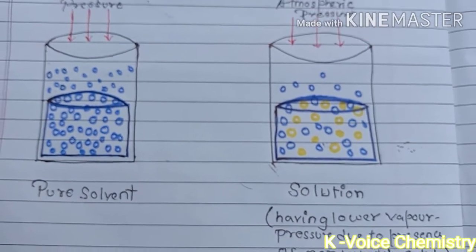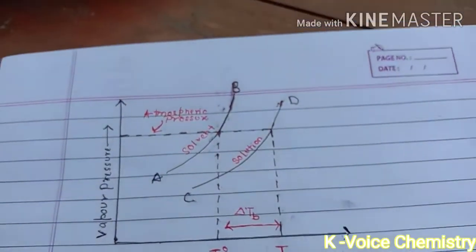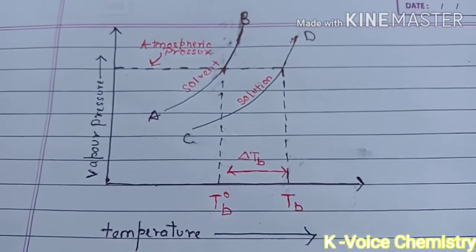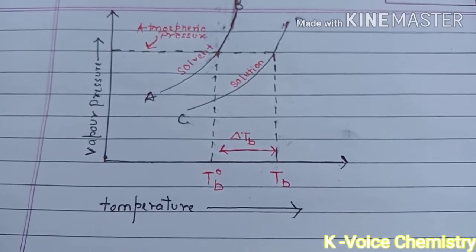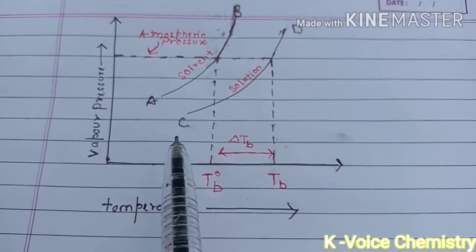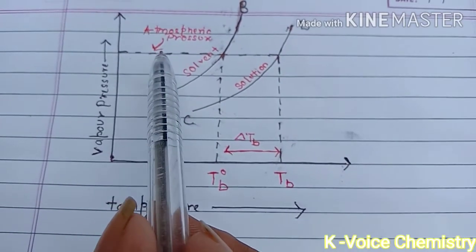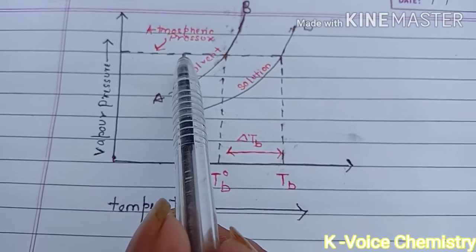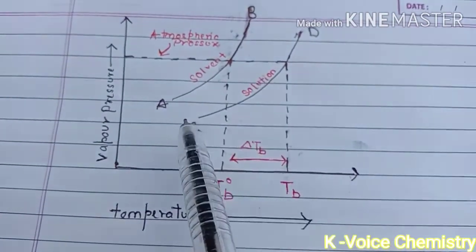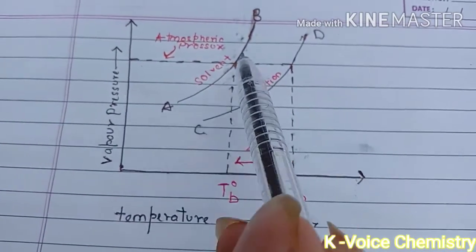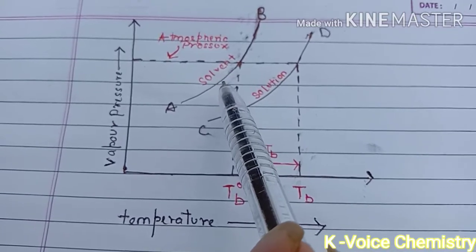Now let us see a curve. As you are seeing here, this is the vapor pressure versus temperature curve. According to the definition, this dotted line represents the atmospheric pressure, and this AB curve is the vapor pressure curve for the solvent.